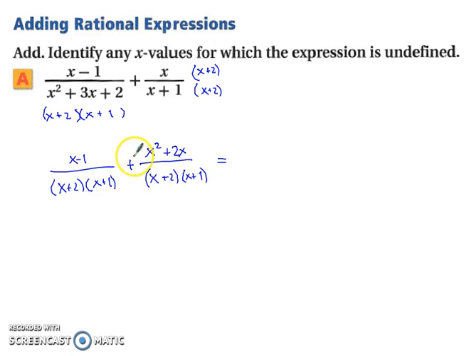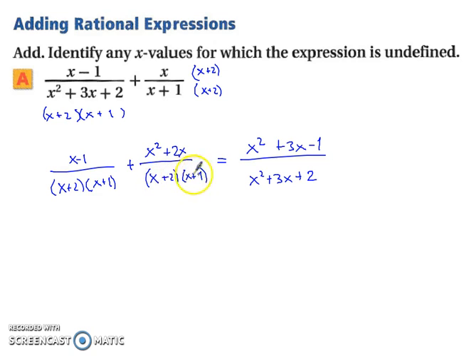And from there, it should look like what you were doing before. You have common denominators, so now you can simply add your like terms. So we're left with x squared plus 3x minus 1 over x squared plus 3x plus 2.